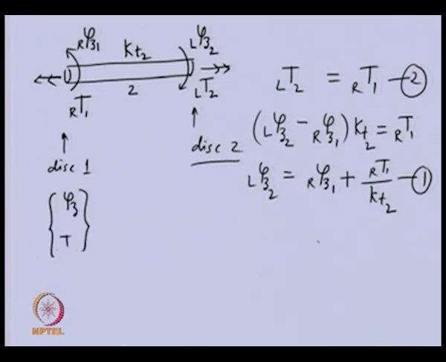So, here I am saying left of 2 is equal to some matrix times the field variable, angular displacement and torque, for right of 1. Always, as I told earlier, we refer to left and right with respect to the disk only.